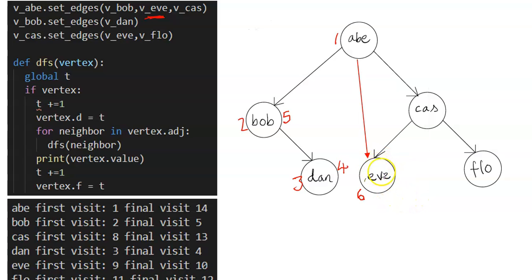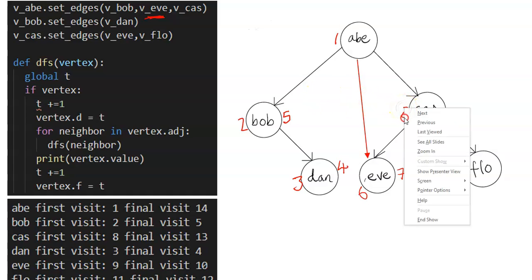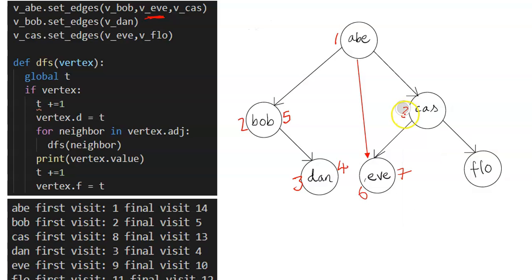Eve doesn't have any adjacencies on its list. So we go to 7, and once we're done with Eve, we go to the next vertex on Abe's list, which is Cas. So we go to 8 for first visit of Cas.